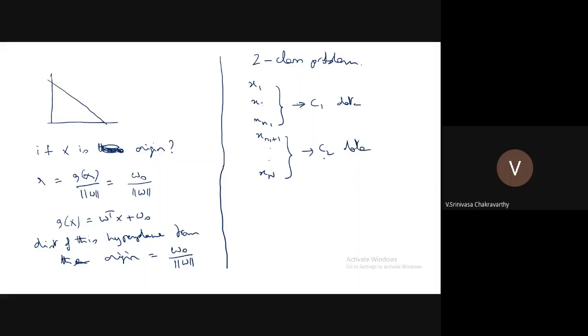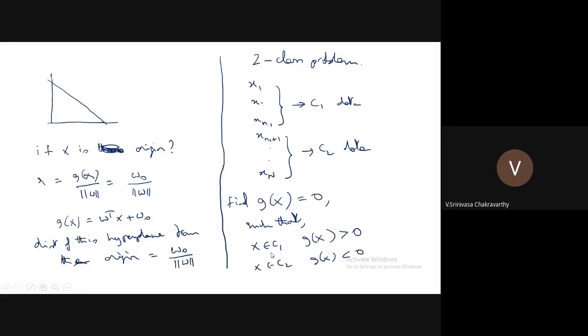If I want to solve this using this discriminant function approach, I need to find a g such that for x in class 1, g of x is greater than 0, and for x in class 2, g of x is less than 0. This is what we want.